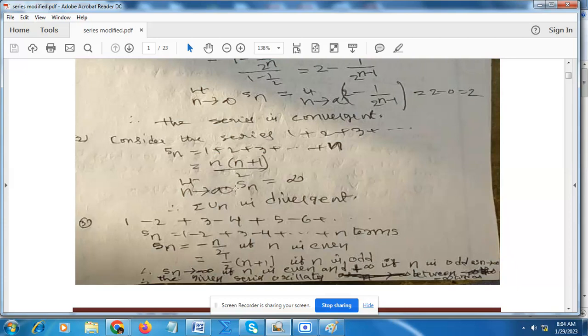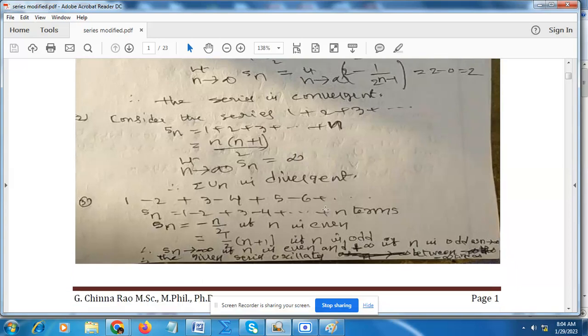Now, limit Sn as n tends to infinity is infinity. When you get infinity or minus infinity, then we say that it is divergent. When the nth partial sum is plus infinity or minus infinity, then we say that the given series is divergent.